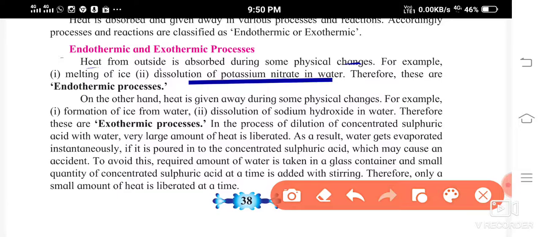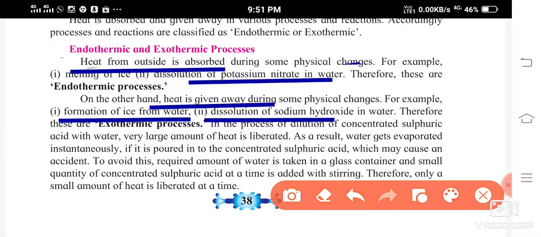On the other hand, heat is given away during some physical changes. You saw in the above examples that heat from outside was absorbed, but during some other physical processes, heat is given away. For example, formation of ice from water, and dissolution of sodium hydroxide in water. Therefore, these are exothermic processes.